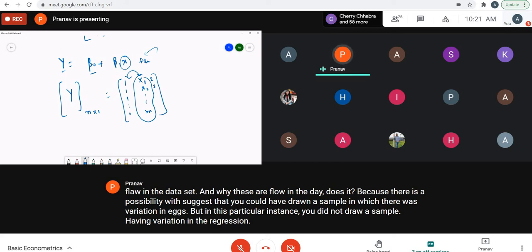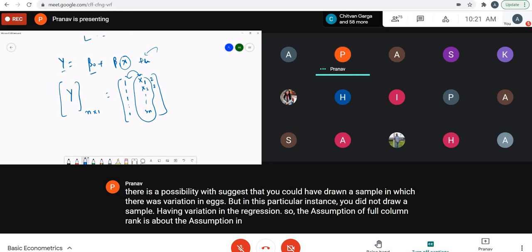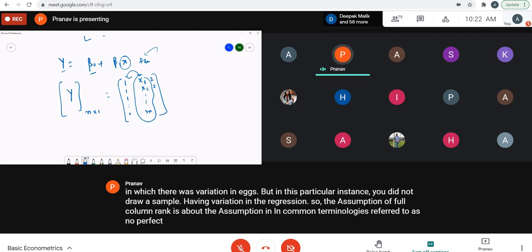So the assumption of full column rank, in common terminology, is referred to as no perfect multicollinearity. That is, no two vectors must be entirely or perfectly collinear with each other.